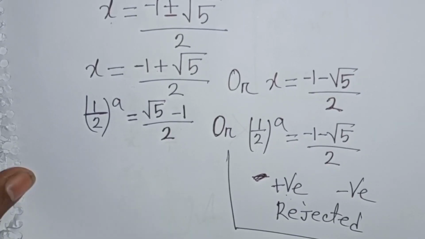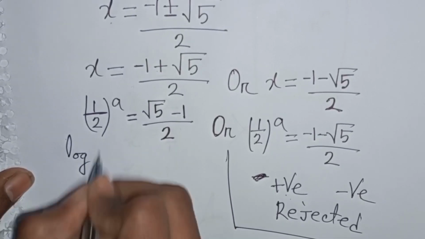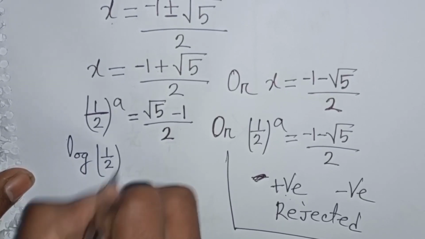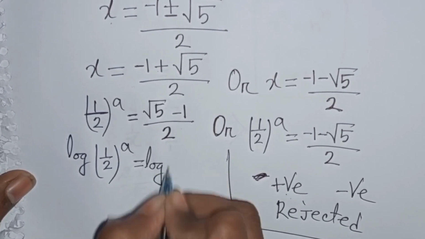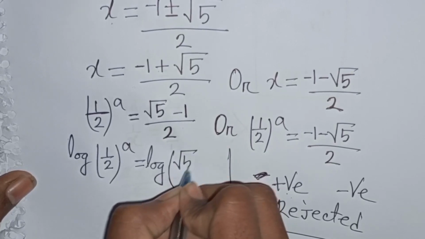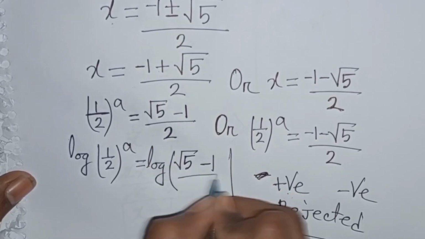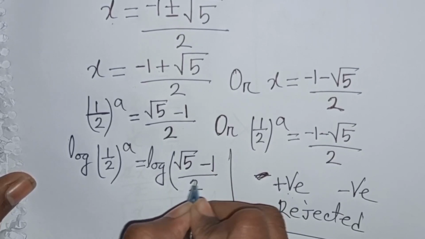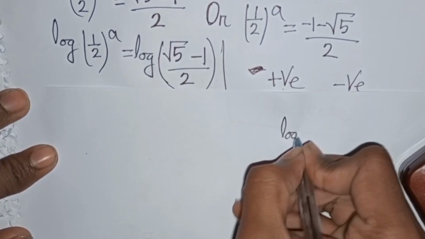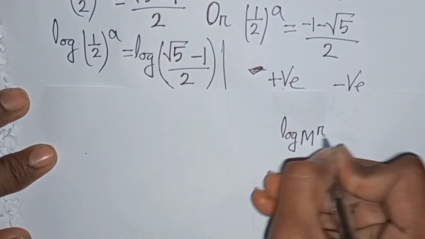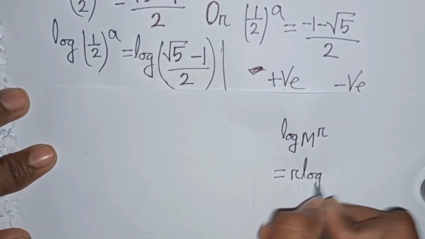Now from here we apply log on both sides. So we can write log of 1 by 2 bracket power a is equal to log of square root of 5 minus 1 divided by 2. Now here I can apply the rule log m power r is equal to r log m.